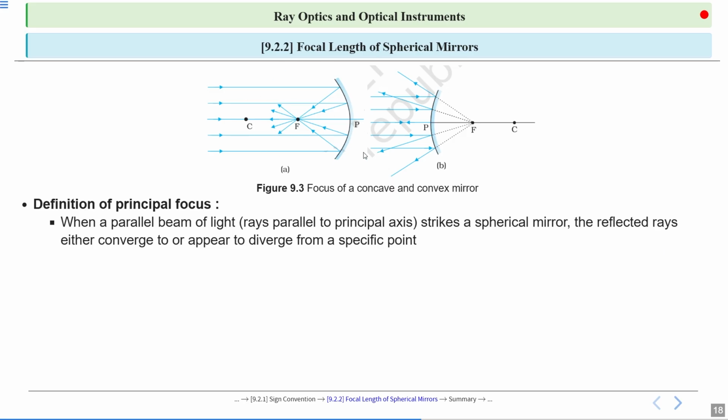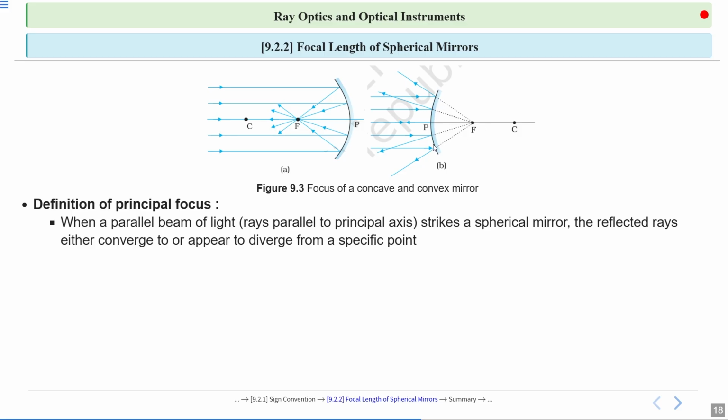In the concave mirror, the reflected rays will converge at one point, or appear to diverge from a specific point. In the case of a convex mirror, they do not converge, they diverge and appear to diverge from a specific point.